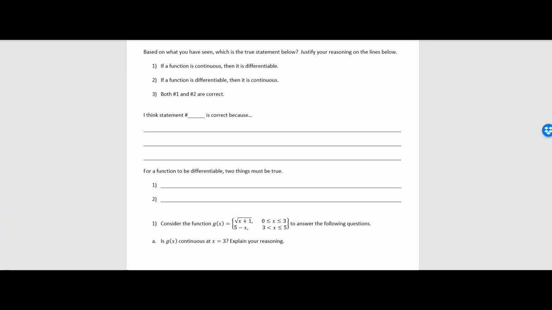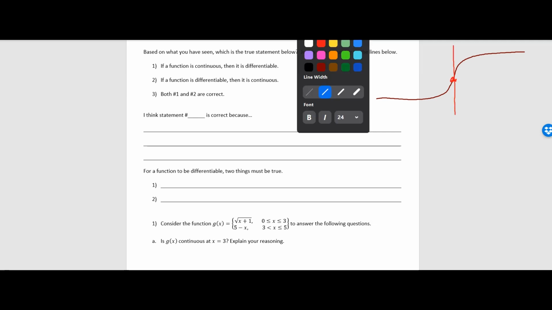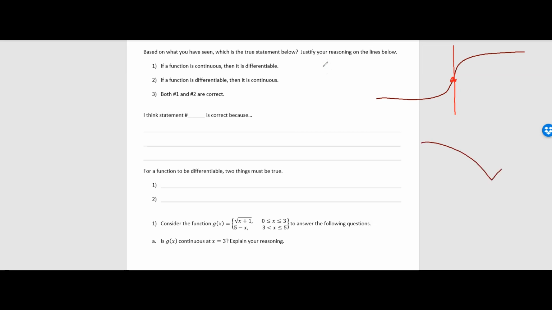Okay, so number 1 says if a function is continuous, then it is differentiable. But we specifically saw 2 examples, right? We had one that had a vertical tangent. That's a continuous function, but it is not differentiable at that vertical tangent. We saw another function that had a cusp.